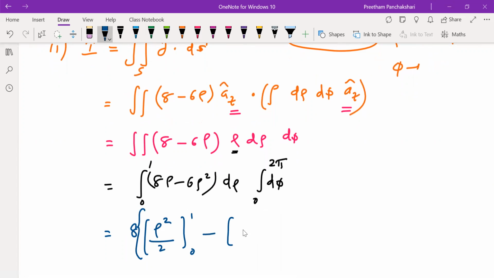For the second term, it is 6 rho cube by 3, limits 0 to 1, into the last one, the integration of d phi, that is 2 pi minus 0, which is 2 pi.